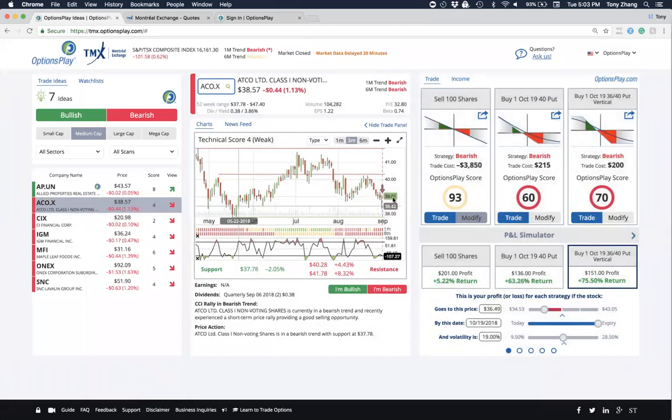But on this one, which is a smaller cap name, as you can see, only 104 shares traded on the underlying shares, and the OptionsPlay scores are pretty poor. So this is an indication that liquidity is not very good. I would just use the OptionsPlay score, and I wouldn't necessarily dive into the volume, because volume also depends on the price of the stock. Lower price stocks will have high volume, and high price stocks have lower volume, so it's always hard to say. Always use the OptionsPlay score. That will give you an indication as to whether you should take a look at options trading on that stock or not.